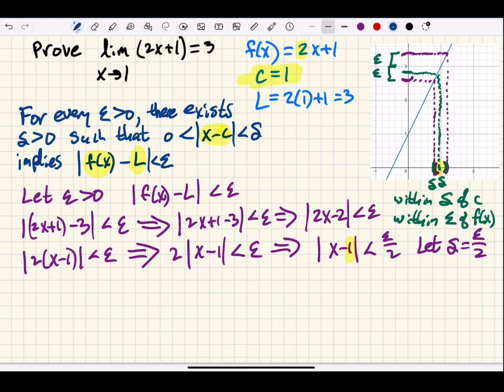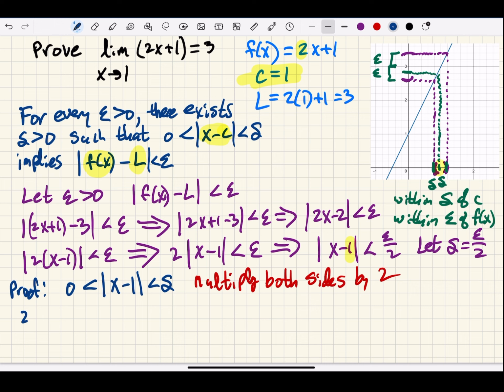Well, now we have to write out our proof. So here's our proof. We start with 0 less than the absolute value of x minus 1 less than delta. We multiply both sides by 2. So then we would have 2 times the absolute value of x minus 1 less than 2 delta.